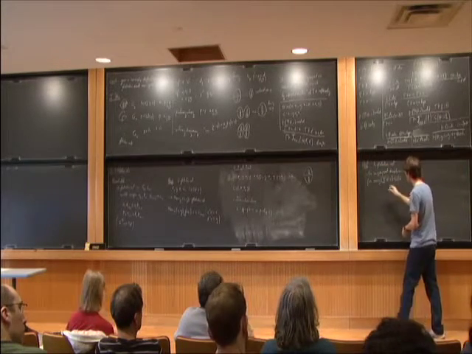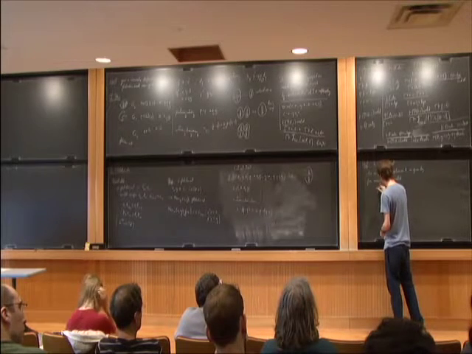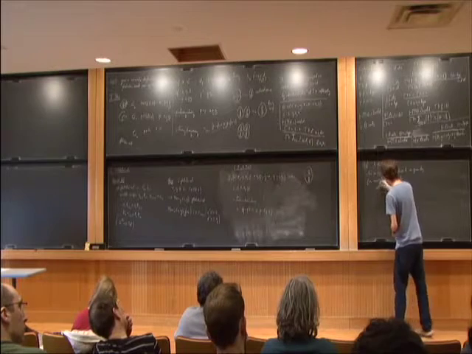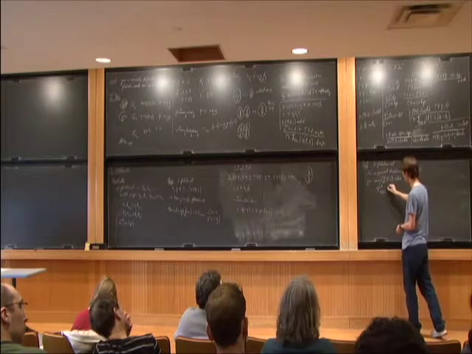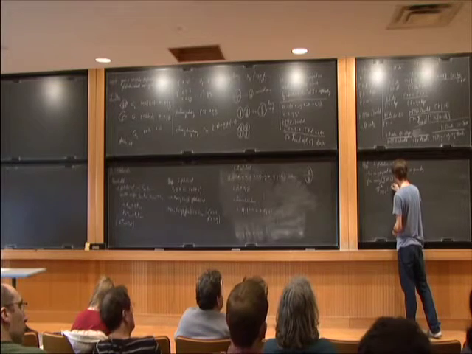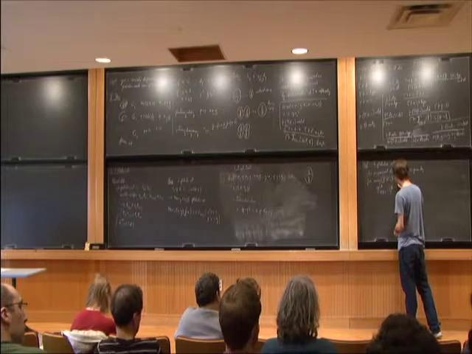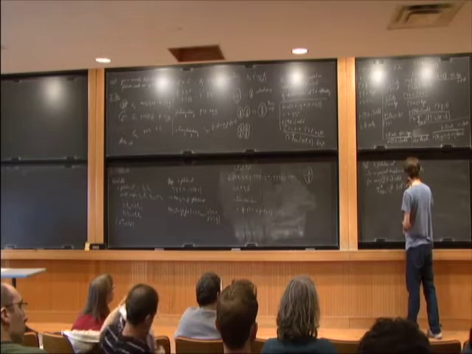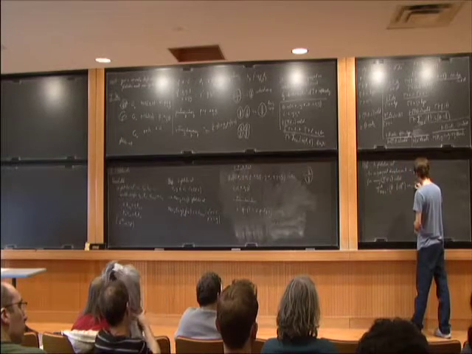So for every operation like this, I want some J_A which will be of the following type.